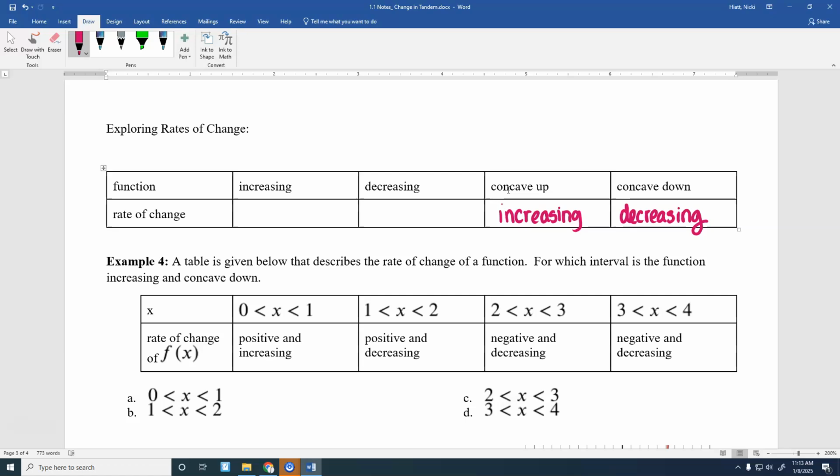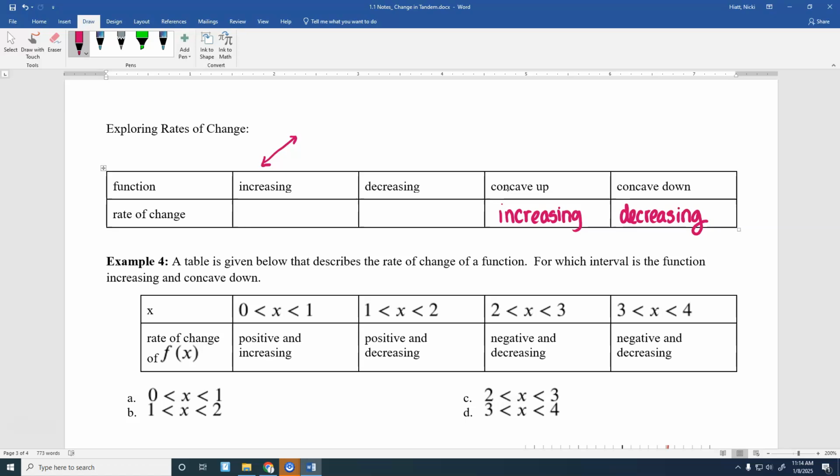Now, the first part of this graph is even a little more simple, right? If a function is increasing, so it could even be a straight line, right? If it's increasing, what do we know about the slope of that line? What does it have to be? If it is a line, it is going to stay the same. If it is an increasing line, what else do we know about it? It's positive, right?